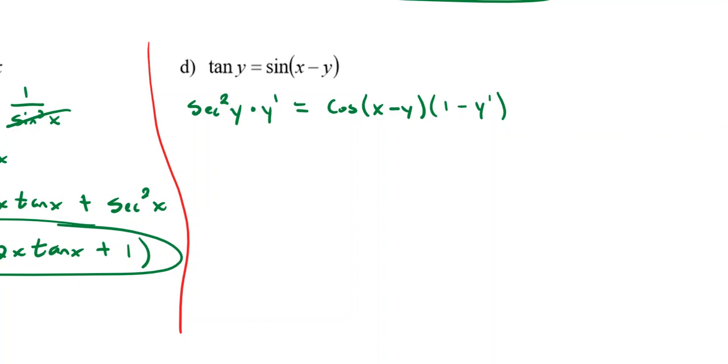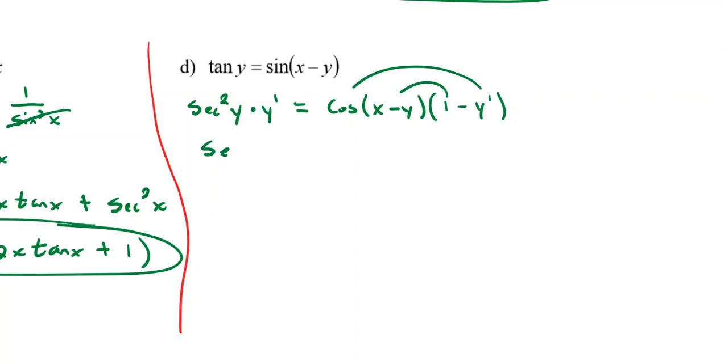All right, so now remember what we're after here. We want to get the y primes on the same side and then factor it out typically, and then divide by whatever's left, right? The other factor after we take it out. So right now it's just not really in the right form. I can't really bring this y over there. So really what I got to do is I got to expand this. So let's go 1 times that and then y prime times that to get 2 different terms happening.